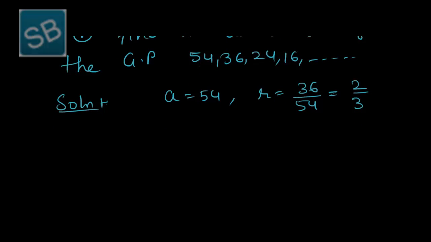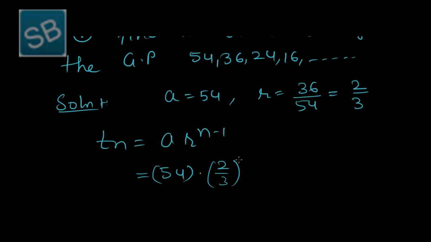Here it is given that it is a GP sequence already, otherwise we have to check whether it is a GP or not. Then its nth term is AR^(n-1), that is 54 into (2/3) raised to power n minus 1. So this is its nth term.